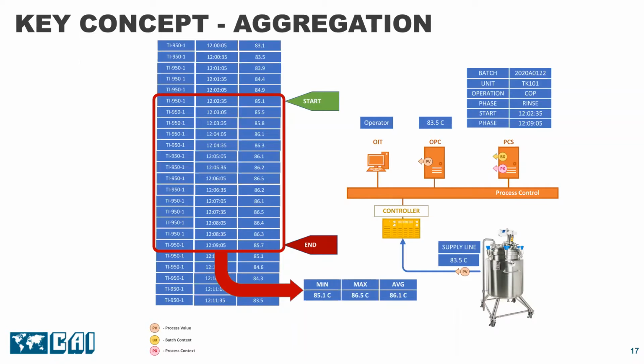We can calculate the minimum supply line water temperature, the maximum supply line water temperature, and the average supply line water temperature during our rinse phase. We can store these aggregated values in our contextualized data historian within the batch and process context. These can form the basis of an automated production report.